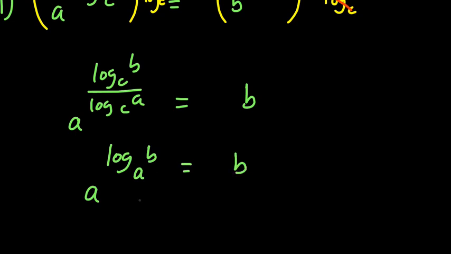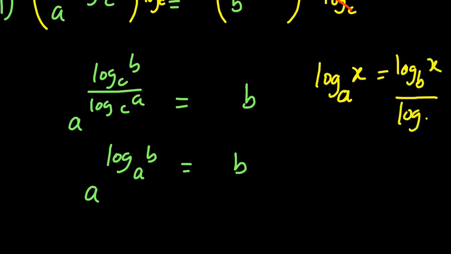Okay, I will just repeat the law itself. Let's say we have log a x, it is the same as log b x over log b a. So b and b, they are the same base. We say here it's c and c, it doesn't matter, as long as the bases are the same. That's what's important.